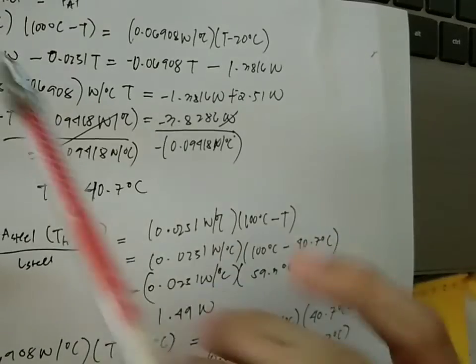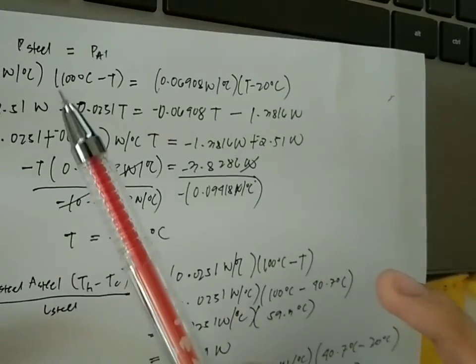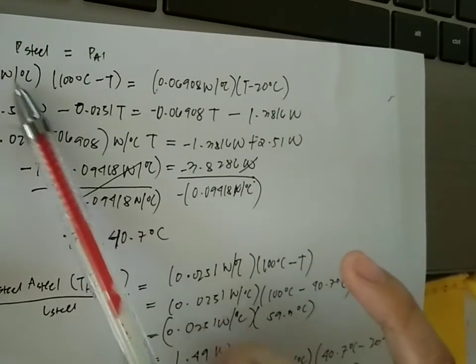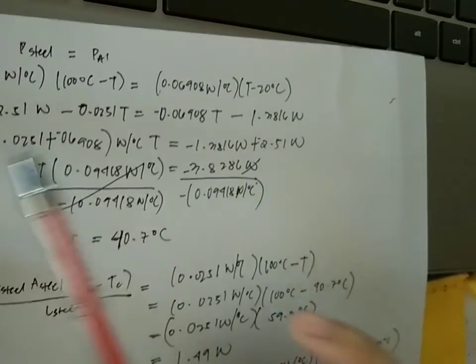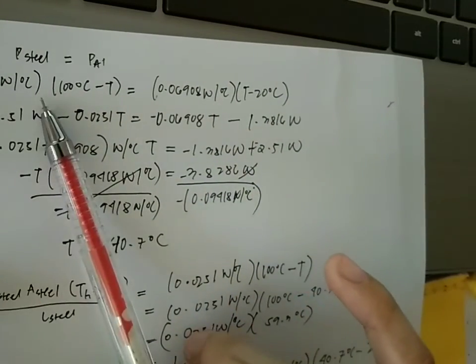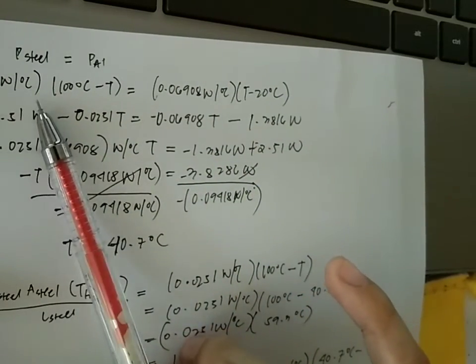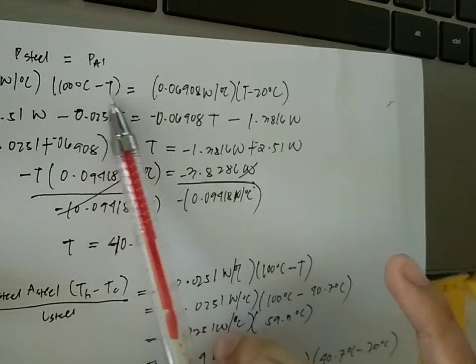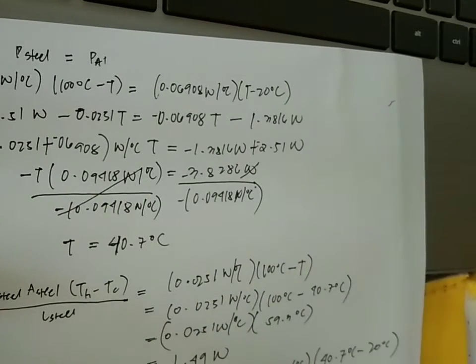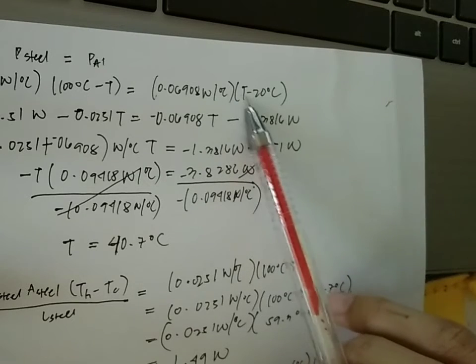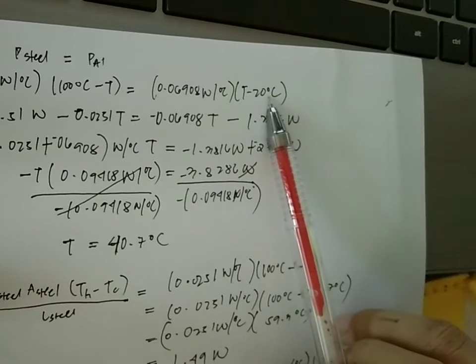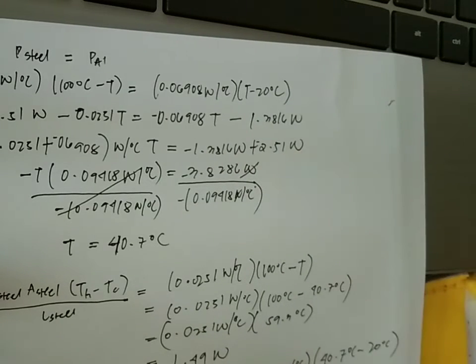So copy the equation nga atong nakuha kaganina sa P steel o sa P aluminum. So 0.0251 watt per degree Celsius multiplied by 100 degrees Celsius minus T is equal to 0.06908 watt per degree Celsius multiplied by T minus 20 degrees Celsius.